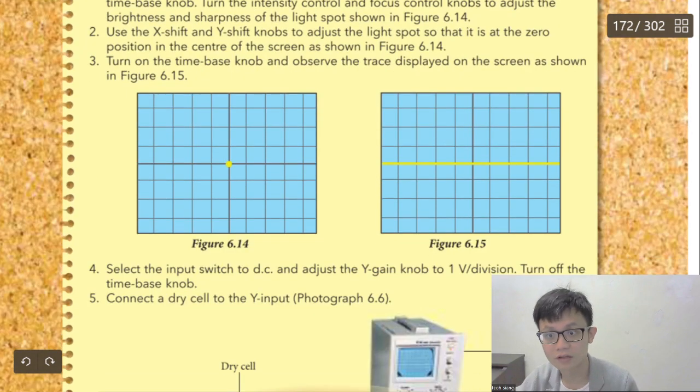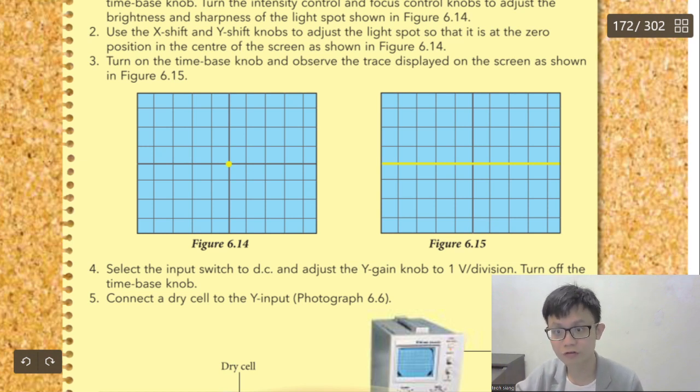Turn on the focus knob to raise the display on the screen to show as in Figure 6.15. You set this as default, normal, so the dot is at the center. Position the center knob as in 6.15, then turn the knob until the display becomes a straight line. First you do this, here means nothing, is it? Nothing, then it becomes a straight line.